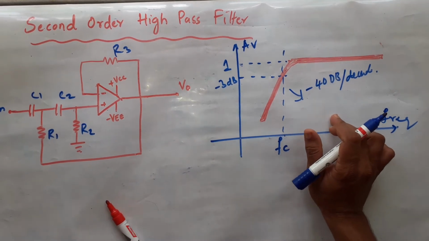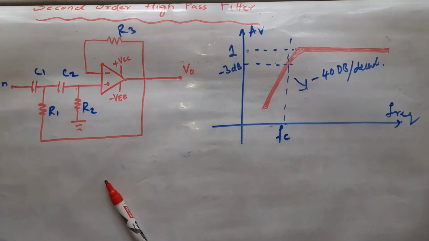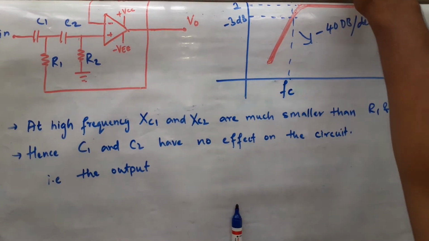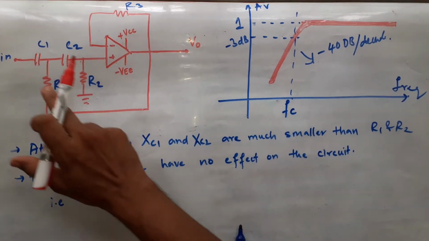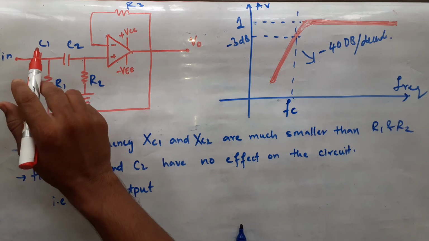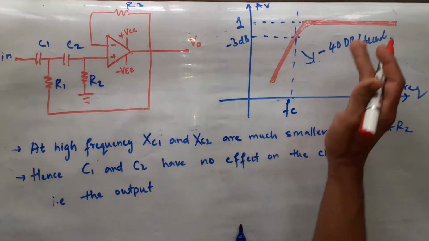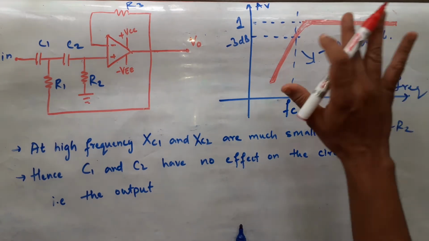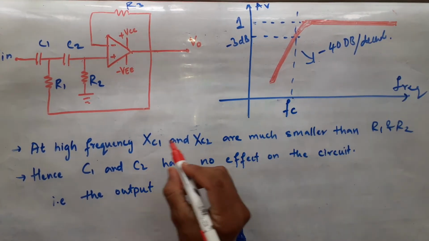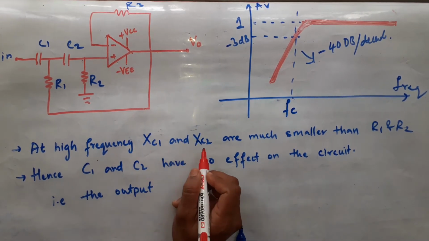Let us analyze how the circuit behaves and how to get the values of C1, C2, R1, R2, R3. See here, what happens? We have C1 and C2 and their corresponding capacitive reactances XC1 and XC2. When we are at high frequency, that is this portion, what happens to XC1 and XC2?